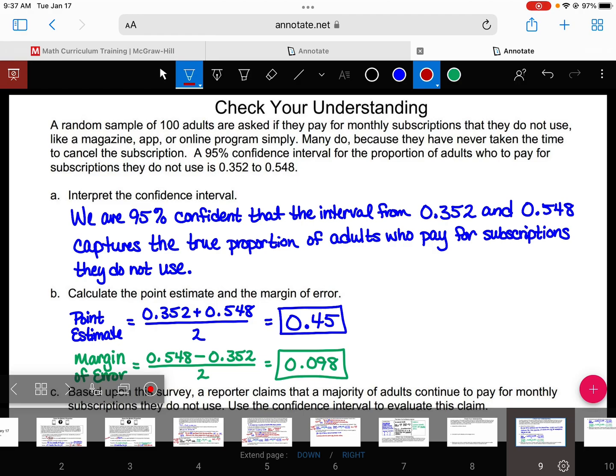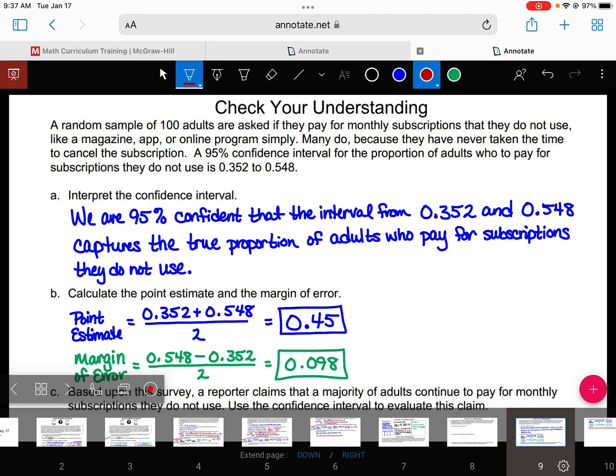Based on this survey and the confidence interval that was generated, do we have evidence that supports the reporter's claim that a majority of adults continue to pay for monthly subscriptions they do not use? What would a majority mean?